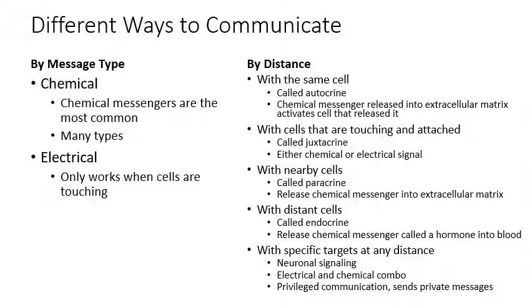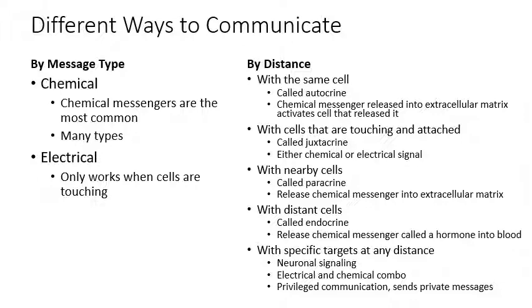So you have hormones, you have neurotransmitters, you have cytokines, and that's only a small sampling. They're just literally everywhere. There's ridiculously many of them. Then you have electrical messages, which could be sent in certain cases where the cells are actually touching each other. So for any cells that are not physically touching each other, they have to communicate by a chemical message. Electrical messages will not work for them.